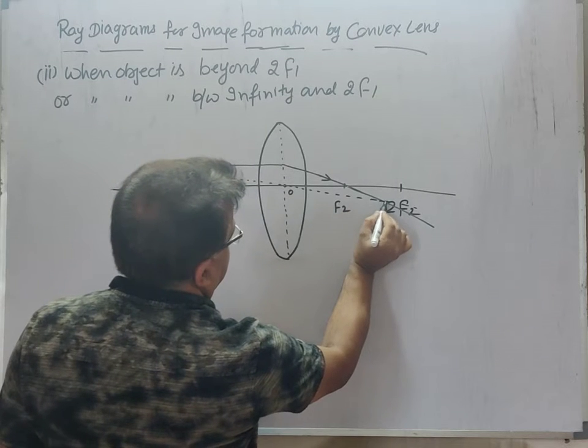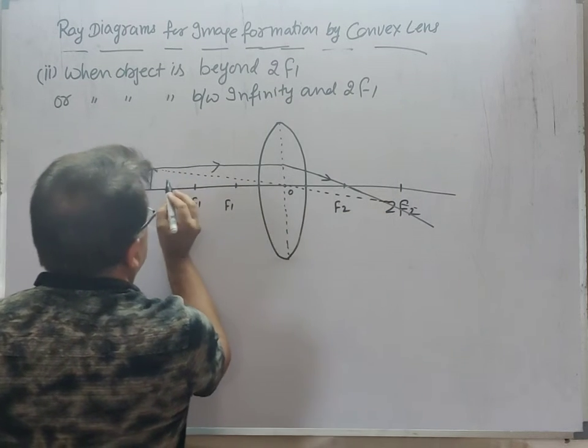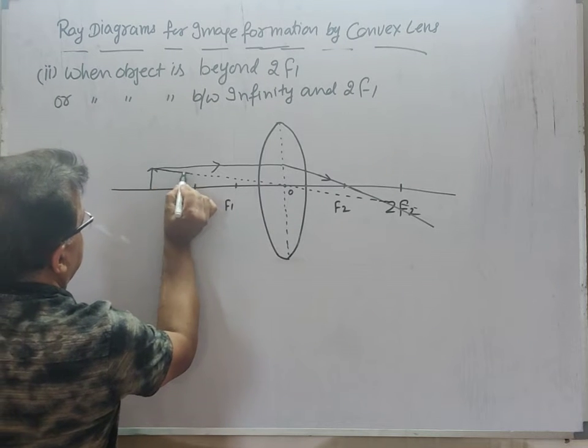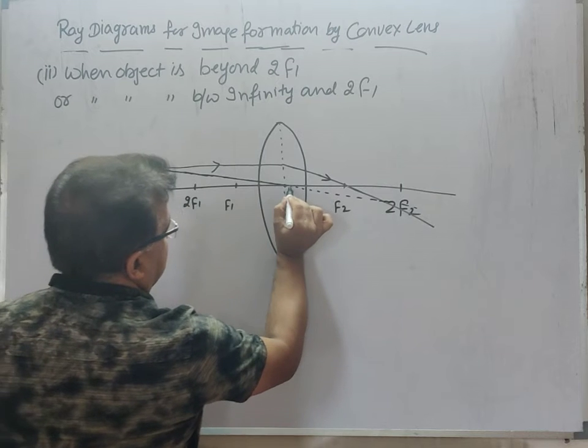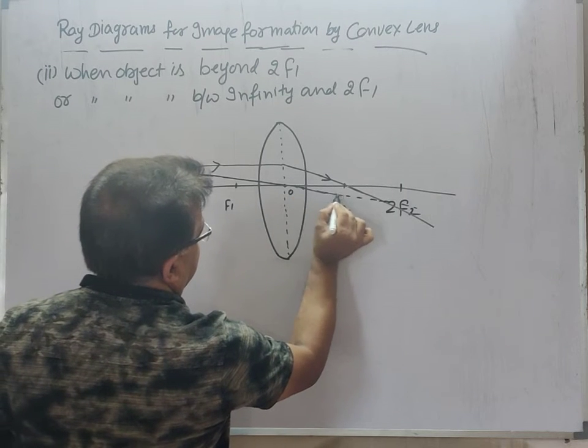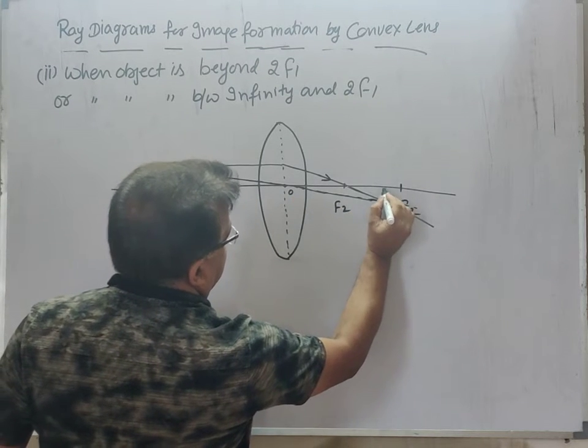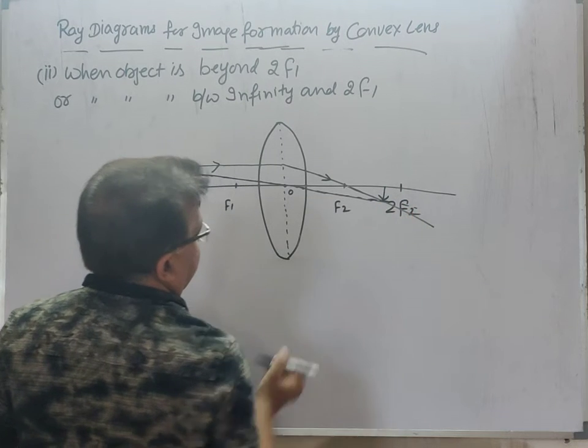So they will be meeting here. It is a thick line. To make the line straight, I draw with dots; you will draw with a scale, therefore the line will come straight. So the image is formed here.